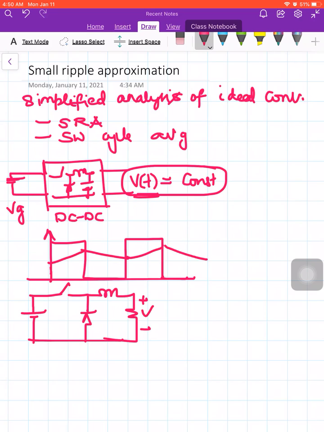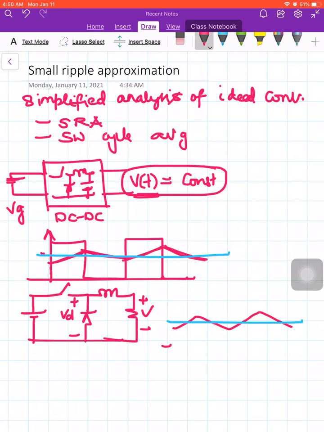So in this, the diode voltage is varying and the output voltage is also varying, but we can see that there is a DC value for this output voltage. So if I just separate out the output voltage, I have something like this.